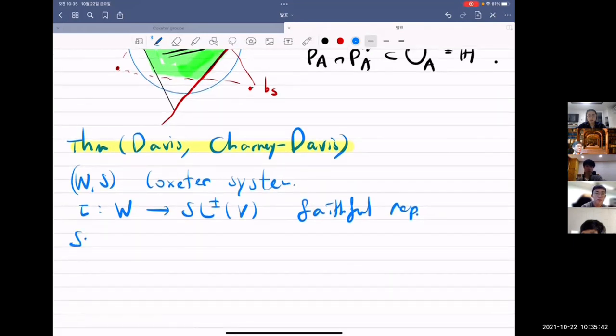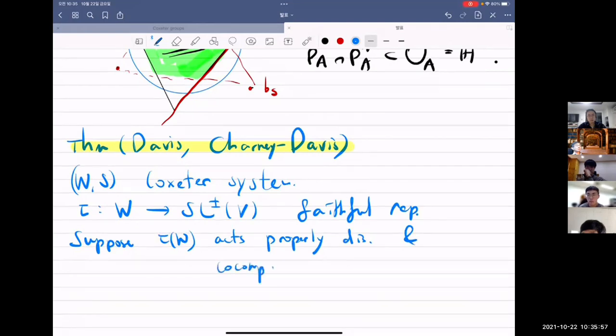Suppose tau(W) acts discontinuously and co-compactly on some properly convex open set Omega in P(V).